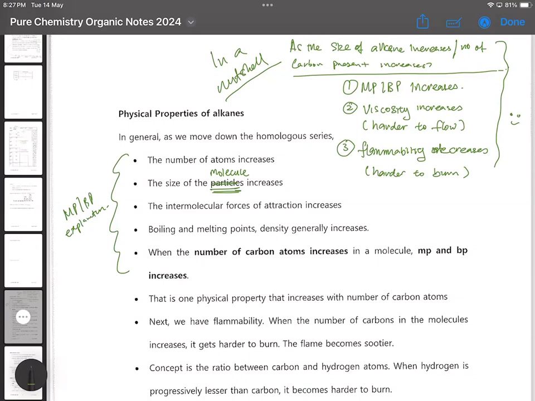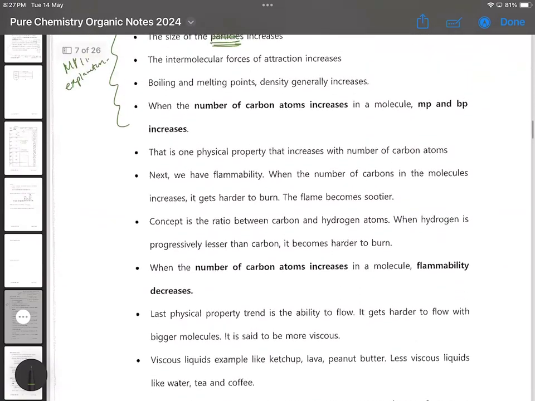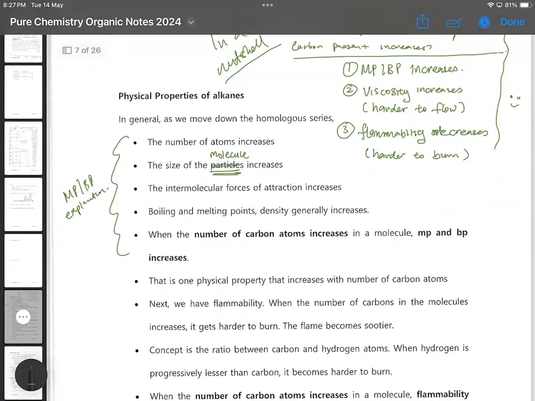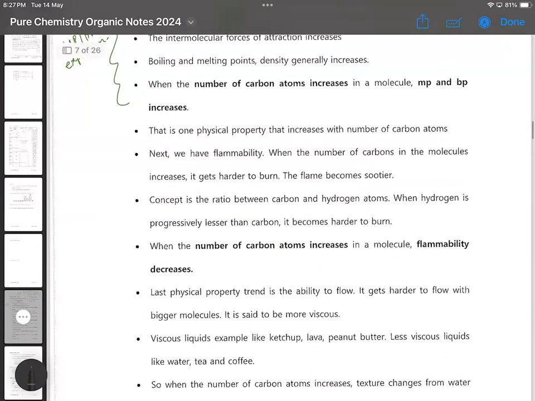But for below, I kind of say so much, but actually it's really not that important. We don't have to explain why when there's more carbon, the viscosity went up, or why flammability goes worse. The explanation is not that important. So over here we have the number of carbon atoms.